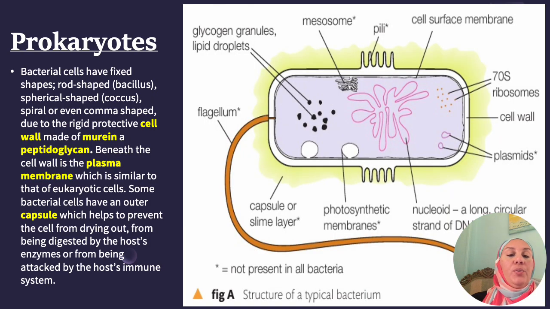So here we're going to talk about prokaryotes. And prokaryotes, I like to remind everyone, it starts with this pro. Pro, let's remember prototype. Yes, the word prototype helps us because prototypes are the first invention that you made.